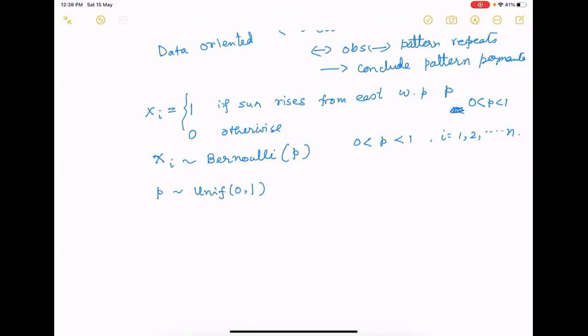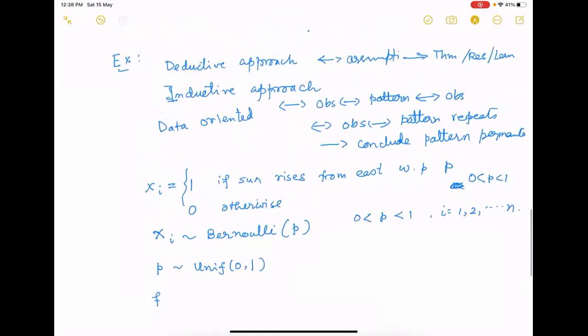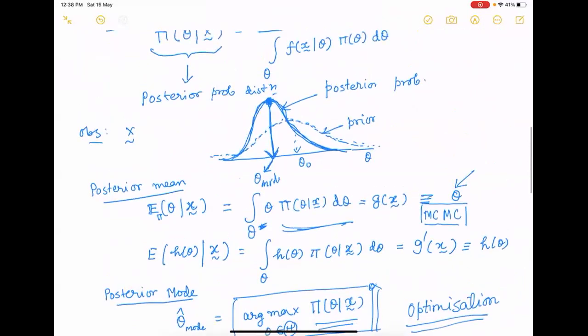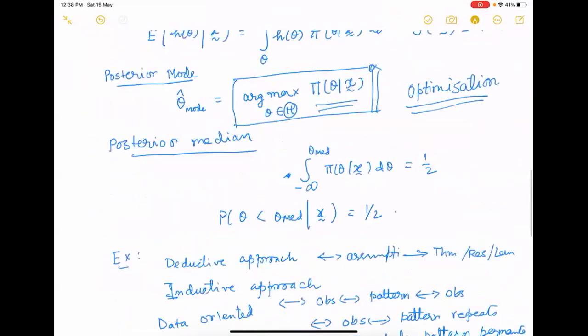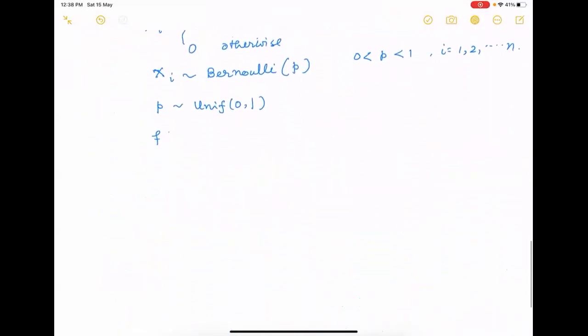If that is so, now let us look into the Bayes theorem. What I need first is f of x tilde given theta. So f of x tilde given p is the product from i equal to 1 to n of p to the power xi times 1 minus p to the power 1 minus xi.